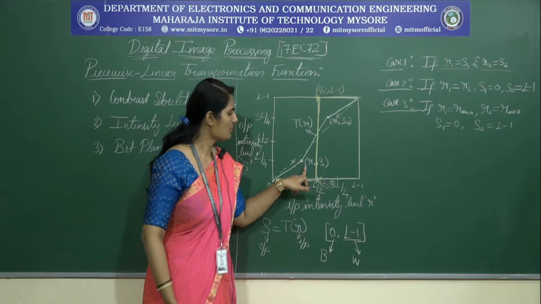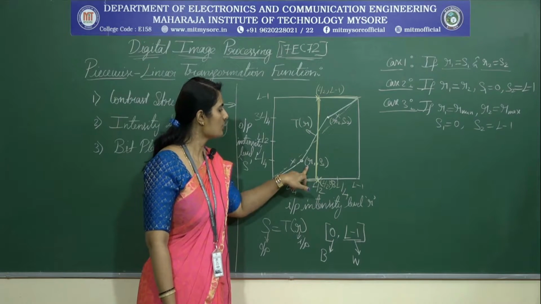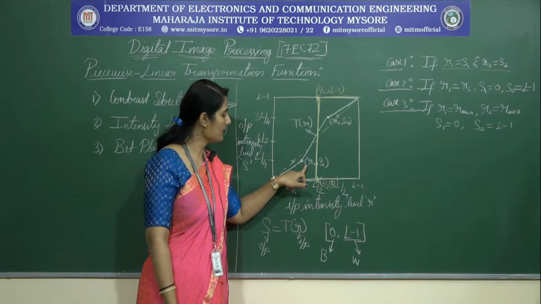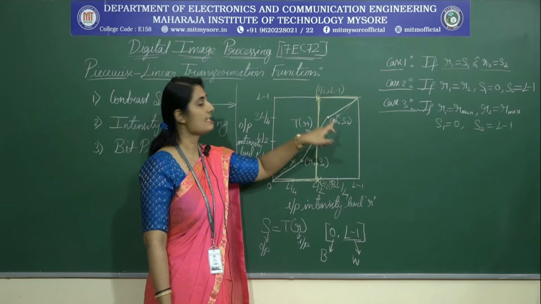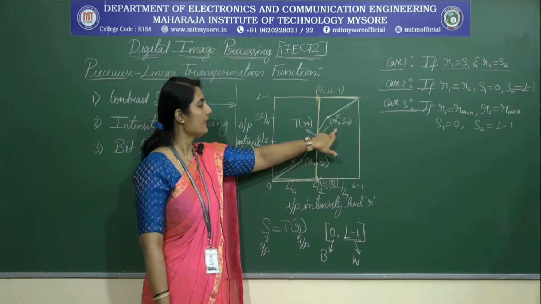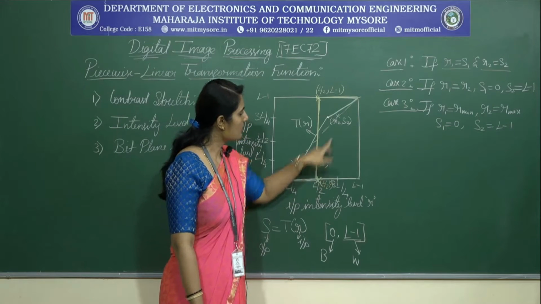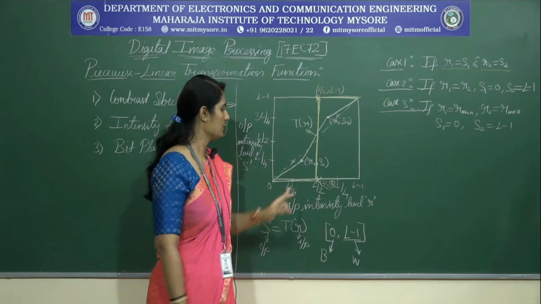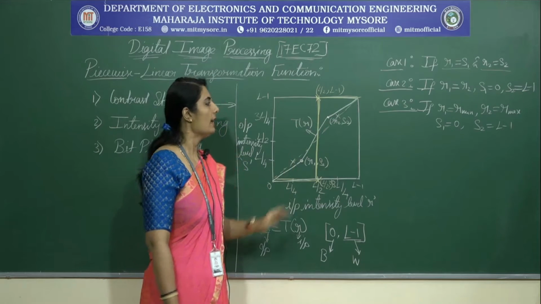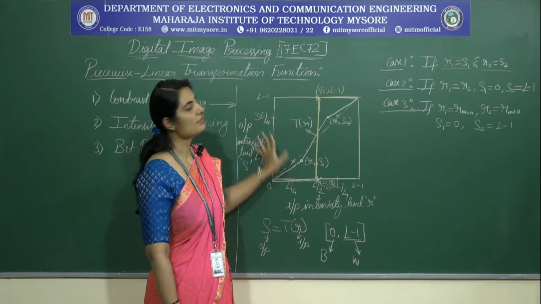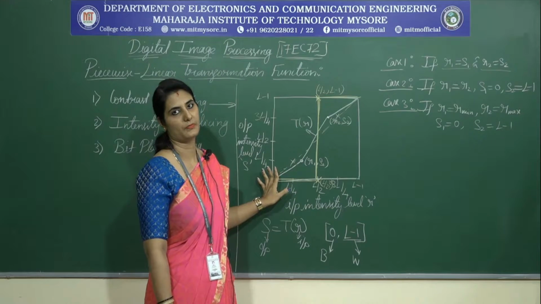Suppose I choose these so that r1 is the minimum intensity value of the input image and r2 is the maximum intensity level of the input image, and s1 is equal to 0 and s2 is equal to L minus 1. Let us say these 2 points appear here. In this case, this transfer function performs the contrast stretching operation.